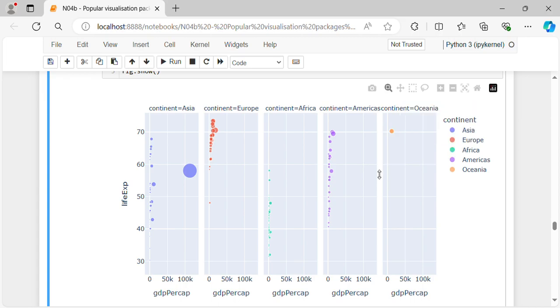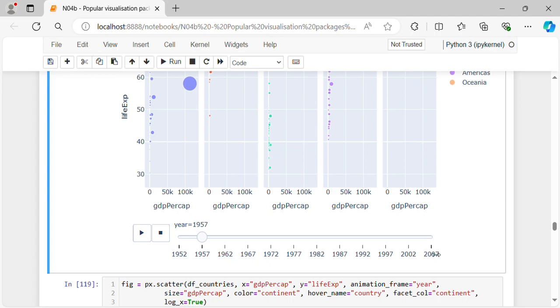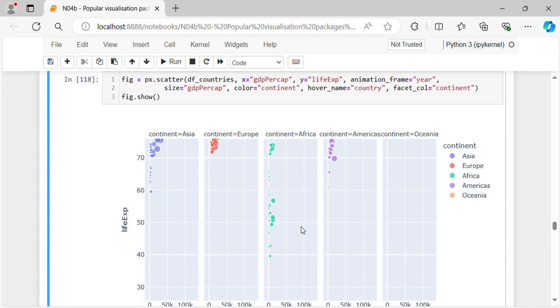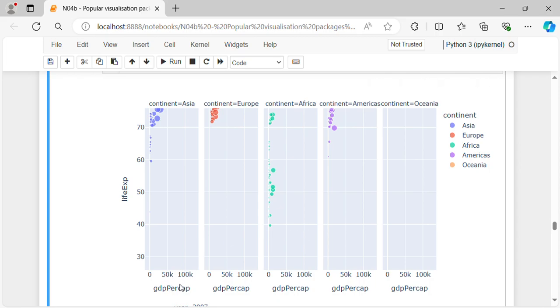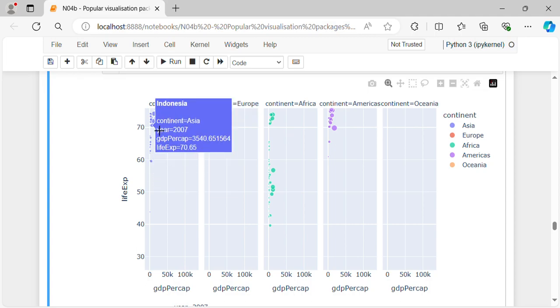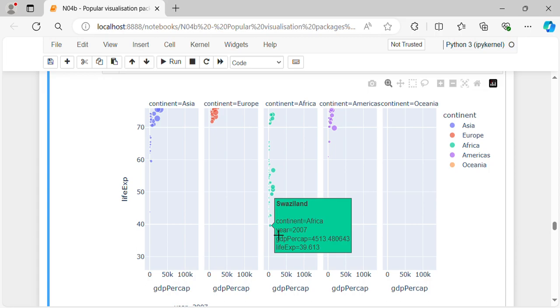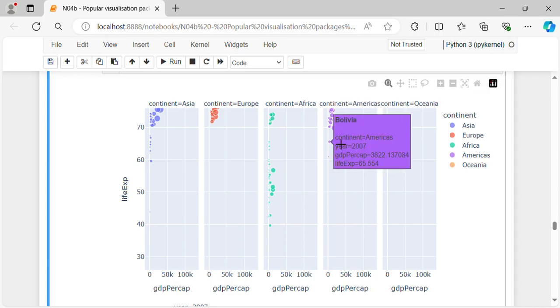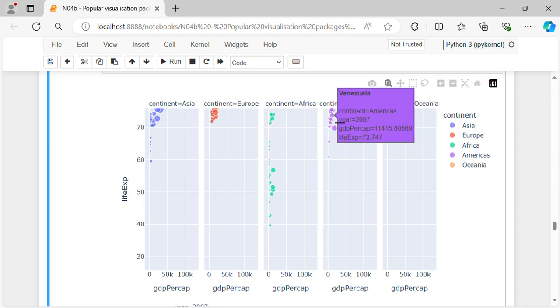Now it will be good to know for the latest year, which is 2007. What's happened in 2007? So the GDP per capita is still below 50K for Asia, but the life expectancy has increased, and for Europe as well the life expectancy is increased, and for Africa is slowly increasing, and for continent America it has increased as well, and for Oceania it has increased.